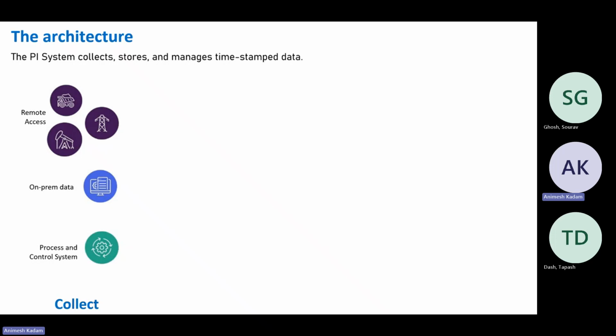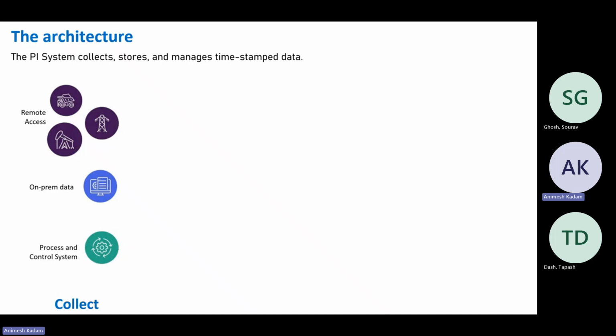Data might be coming from sensors, which are IoT sensors nowadays, which we put on moving equipment like the trucks and the conveyor belts, or the pumps which are remotely located, or there will be PLCs, OPC servers, and DCS from where you will be collecting the process data in particular.